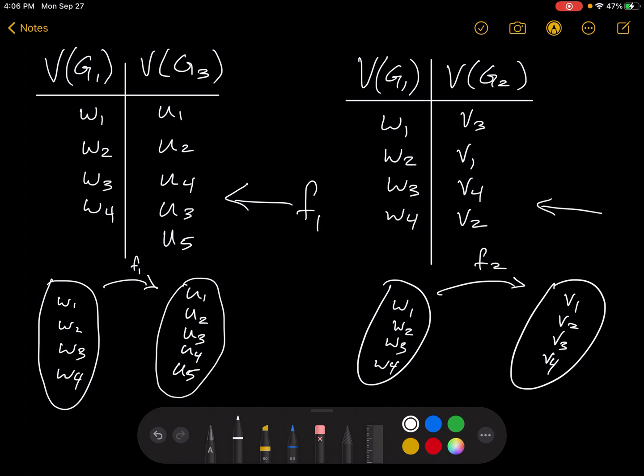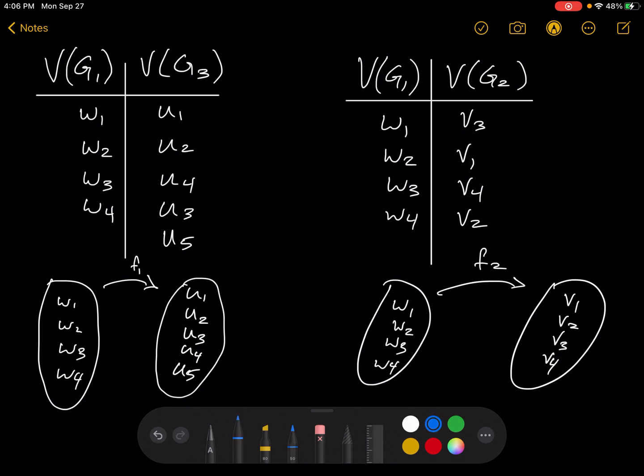And over here, we have a table that represents the function f2 from the set of vertices of the graph G1 to the set of vertices of the graph G2. So now let's first see if the function f1 is onto or not.